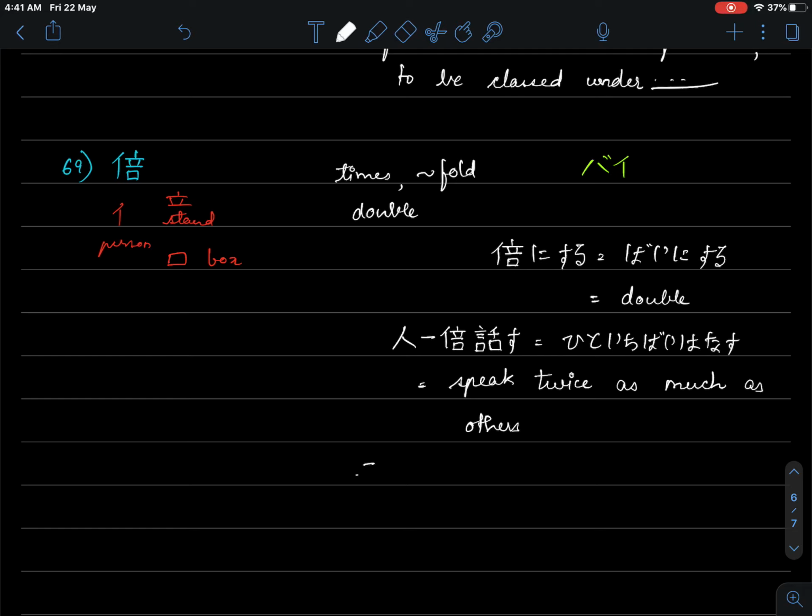Okay, some more simple words. This is of course your simple nibai, which means double again.